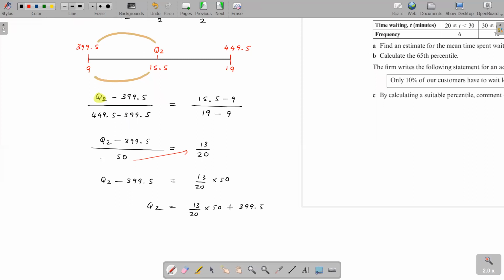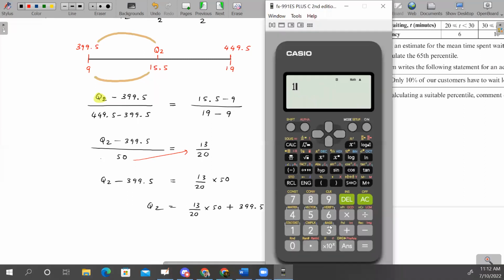Now it's a matter of typing everything in the calculator to get the answer. So 13 over 20 times 50 plus 399.5. So the answer is 432.